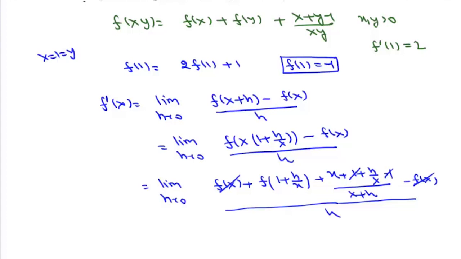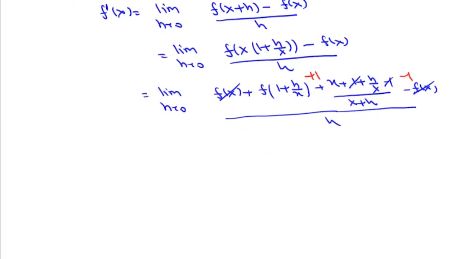Now what we'll do is we'll add 1 and subtract 1. So we can write this as limit h tends to 0, and this is f of 1 plus h by x, and we can write this plus 1 as minus of minus 1, and we know that minus 1 is f1.